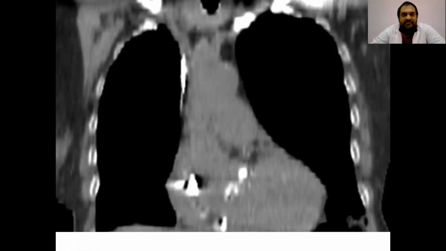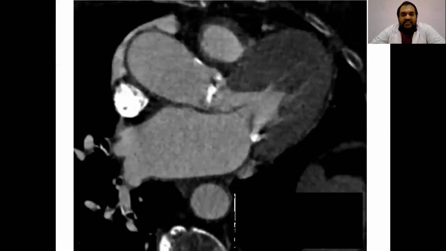And this is a CT of the same patient showing the cardiomegaly. This is the CT angio showing the aortic dilatation.